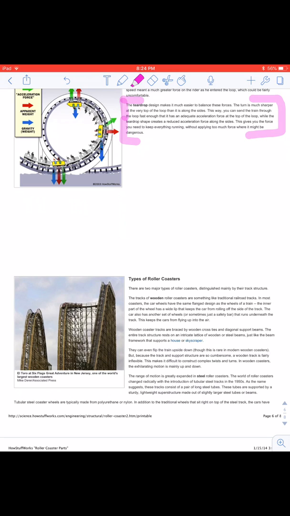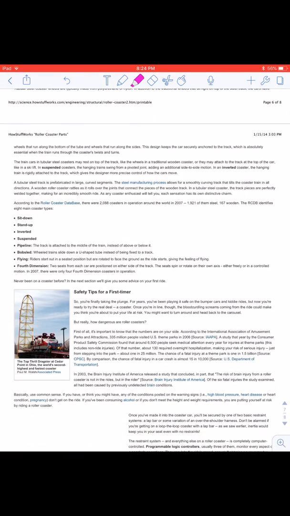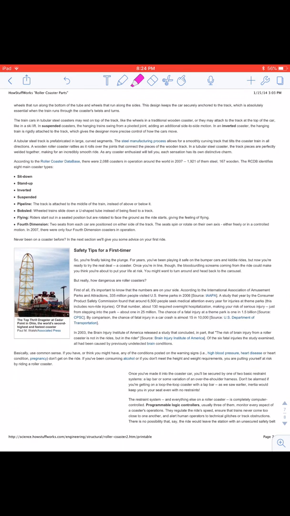Tubular steel coaster wheels are typically made from polyurethane or nylon. In addition to the traditional wheels that sit right on top of the steel track, the cars have wheels that run along the bottom of the tube and wheels that run along the sides. This design keeps the cars securely anchored to the track, which is absolutely essential when the train runs through the coaster's twists and turns.